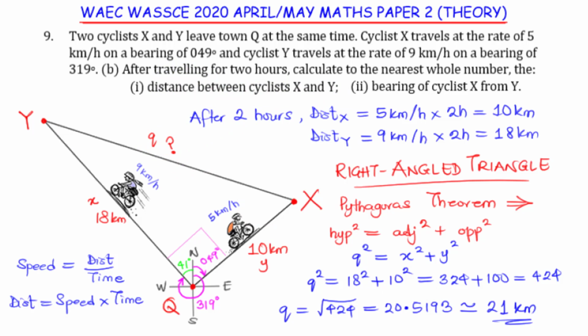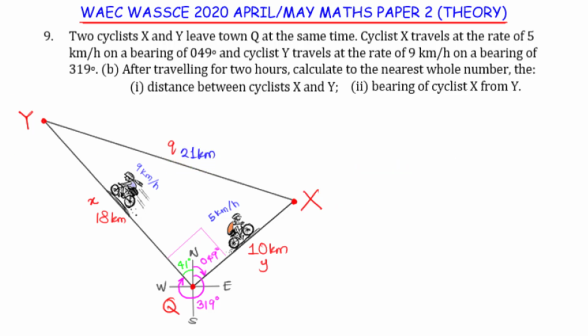And we can just reflect on our diagram that this is here that we tag as unknown. We have now gotten it to be what? 21 kilometers. I love this question. Okay. So now we've gotten the distance between cyclists X and Y to be approximately 21 kilometers.